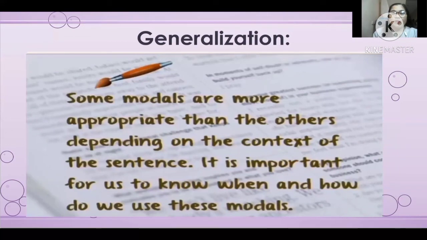It is more important for us to know when and how we use these modals. Okay, so as what was said, these modals have a variety of meanings when you use them in a sentence. So you should be careful in using it. You should understand it by heart and by your mind, not just memorizing it.